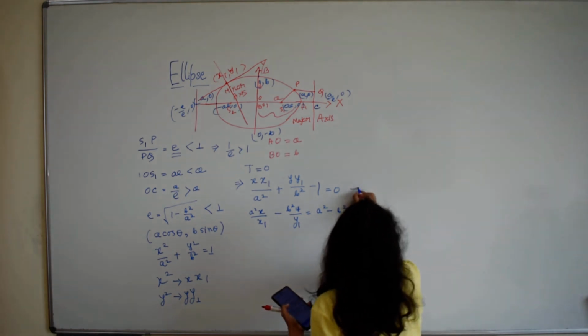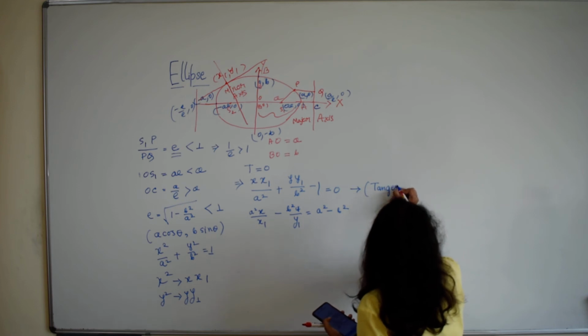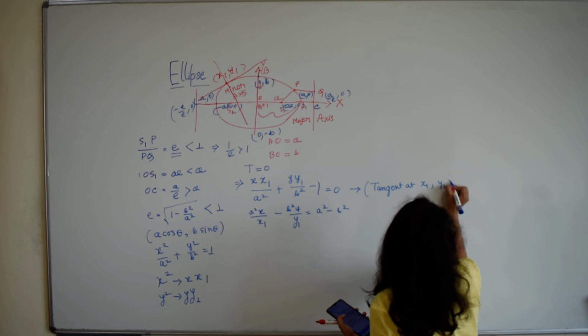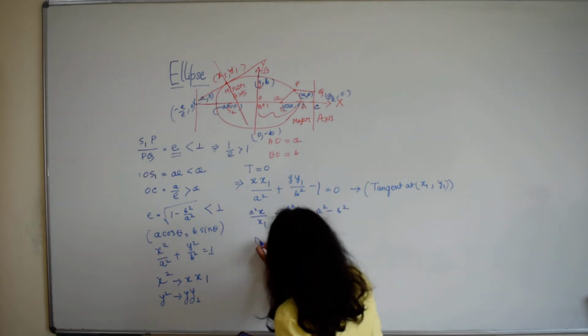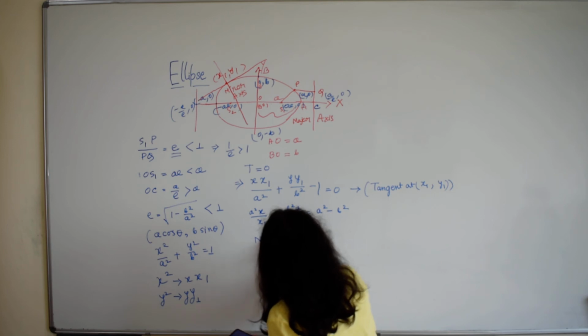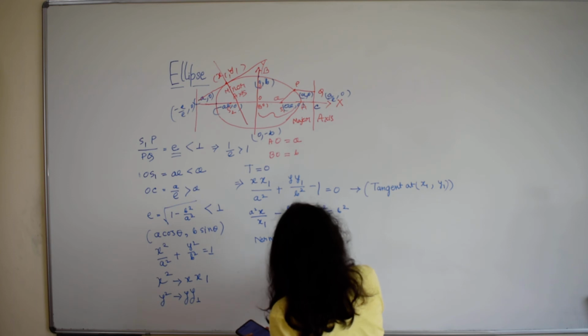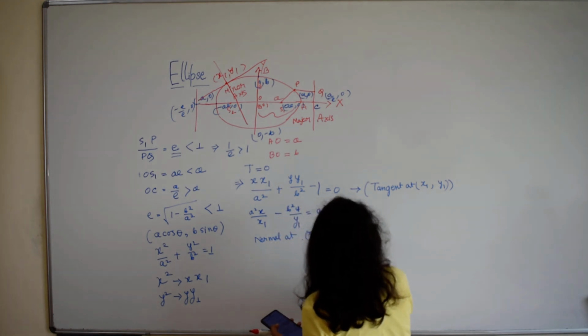Here we can see that this is the tangent at x1 comma y1, and this is the normal at x1 comma y1 on the ellipse.